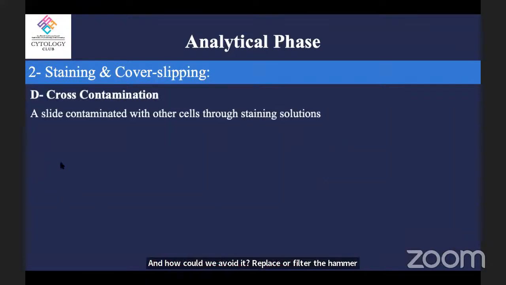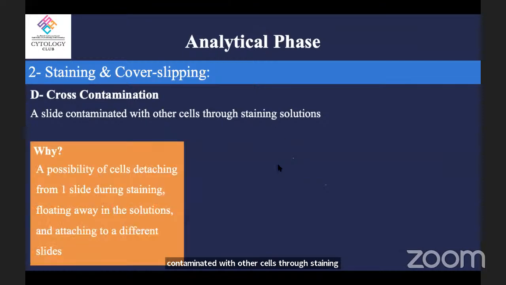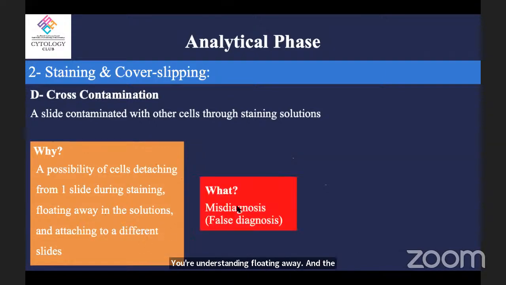The fourth issue is cross-contamination, a slide contaminated with other cells through staining solutions. Why does it happen? There is a possibility of cells detaching from one slide during staining, floating away in the solution and attaching to a different slide.